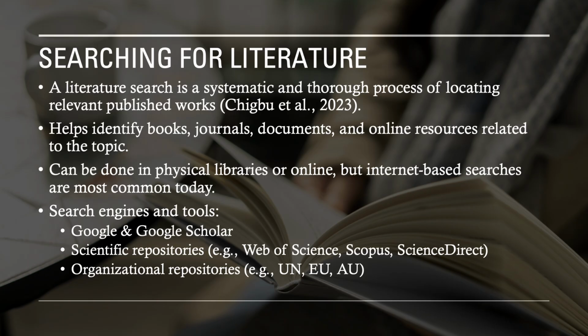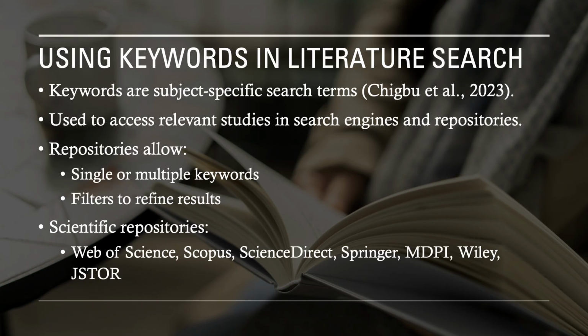Organizational repositories like those of the UN or EU are also valuable, especially for accessing gray literature such as reports and institutional documents. Keywords are essential to any literature search. According to Chigbu et al., 2023, keywords act as access points that allow researchers to retrieve topic-specific studies.